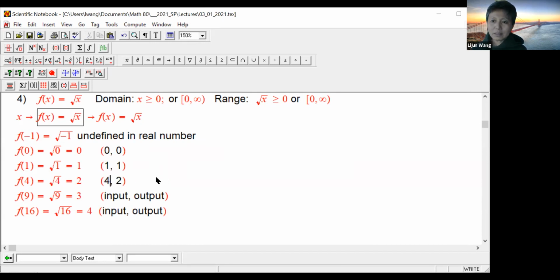I didn't choose any decimal numbers or fractions. Could I? Of course I can, but I'm just being lazy. I'm just going to choose some numbers that are easy to calculate.